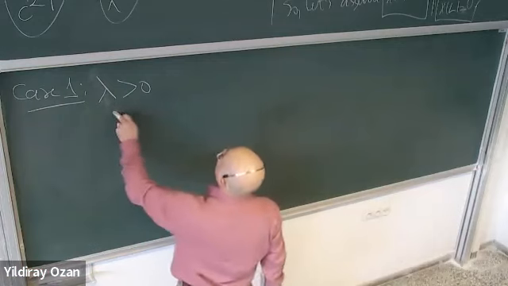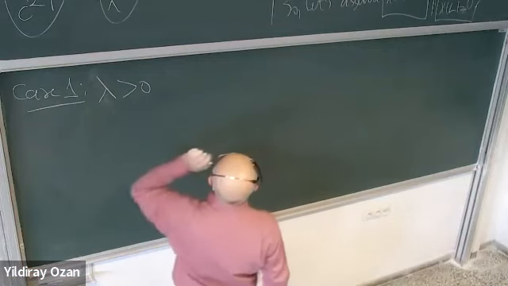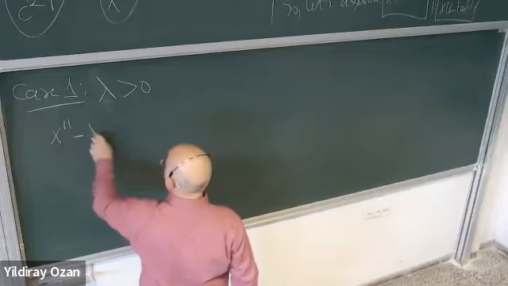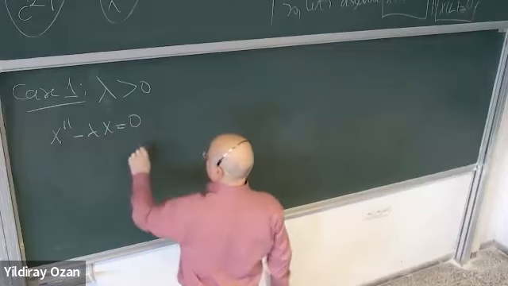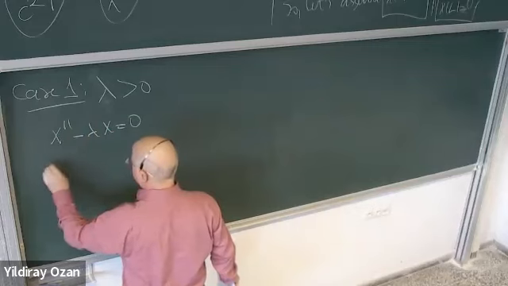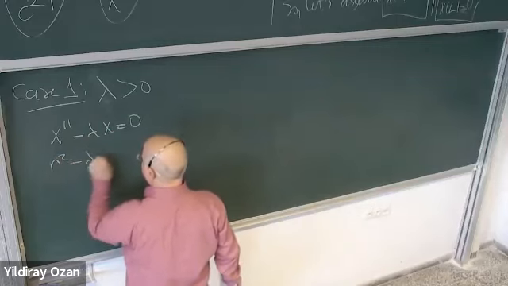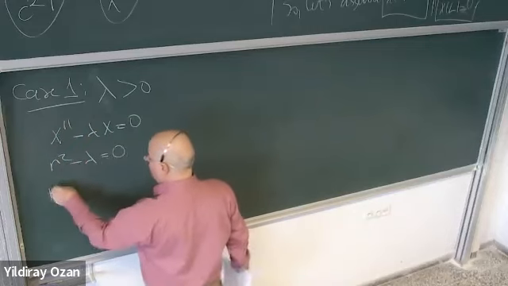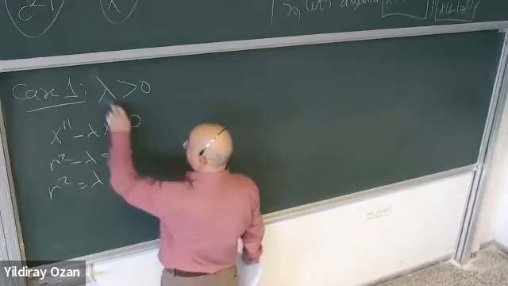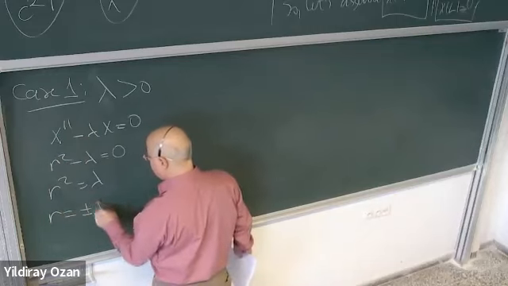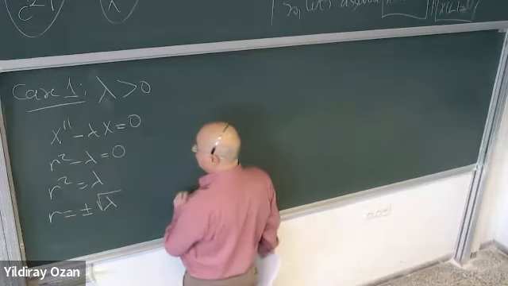If this is the case, you see we have this equation. So we have the characteristic equation r squared minus lambda is equal to 0. R squared is lambda, but lambda is positive. Therefore, r is plus minus square root of lambda.